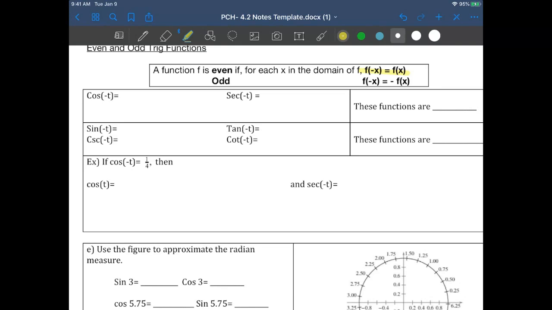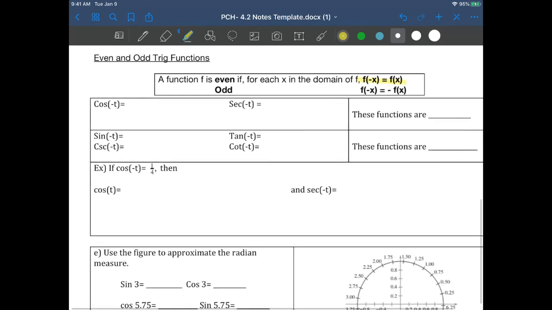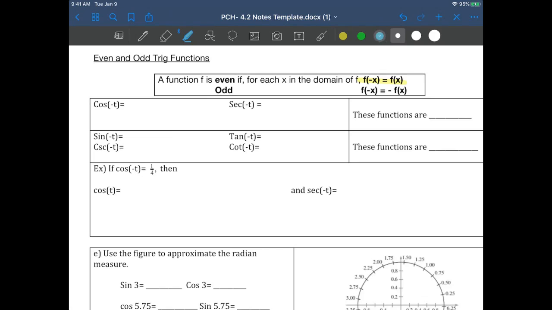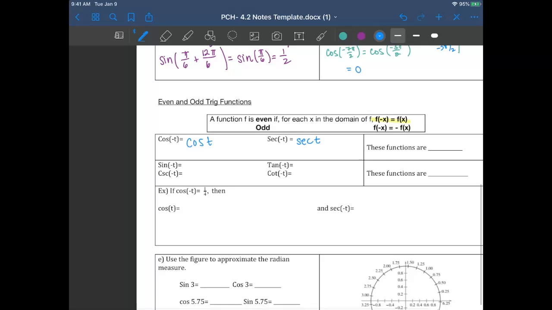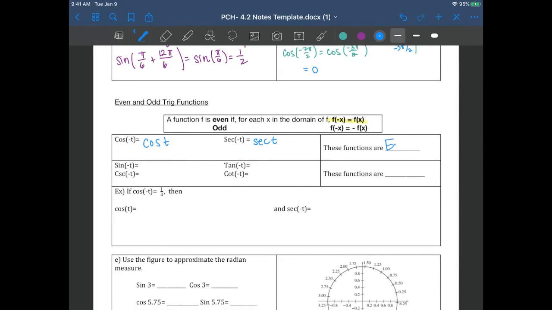The cosine of negative t is equal to, I'll just give you this one, cosine of t, and because cosine and secant are reciprocals, then the secant of negative t is equal to the secant of positive t, which makes these even functions.